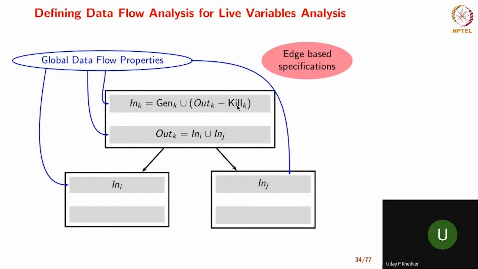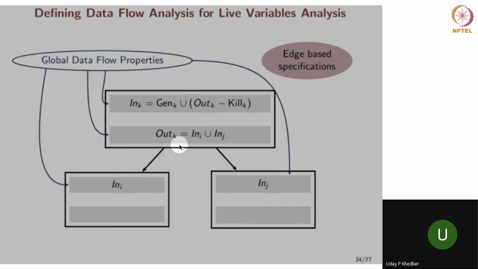Note that this is an edge-based specification. Here we are not talking about a path. Instead, we are talking about an edge. We are defining out k in terms of its immediate successor. We are not asking about a path.